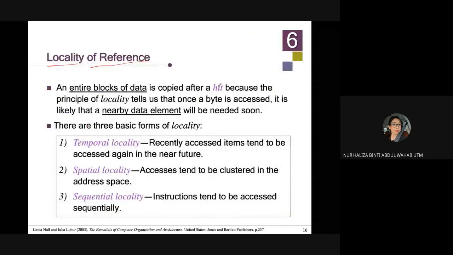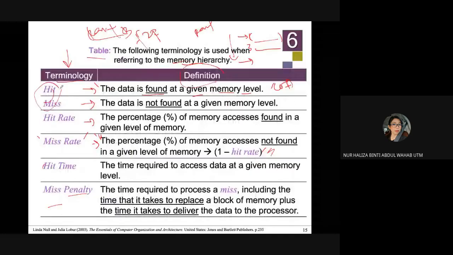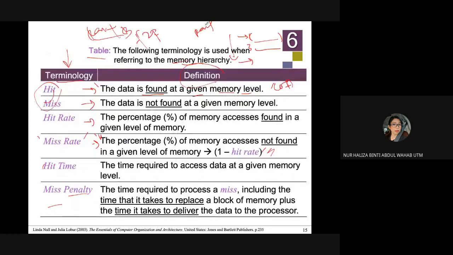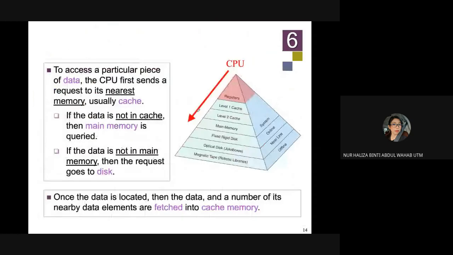You can see after you hit, you're going to copy an entire block of data, because the principle of locality tells us that once a bit is accessed, when you have already found it, you have the hierarchy like this. You want to find the F, you go to your cache, you go to your memory, you go to the disk, then you find it.